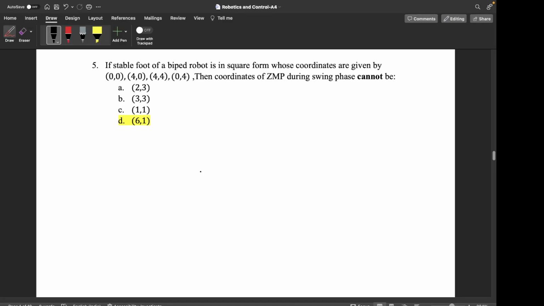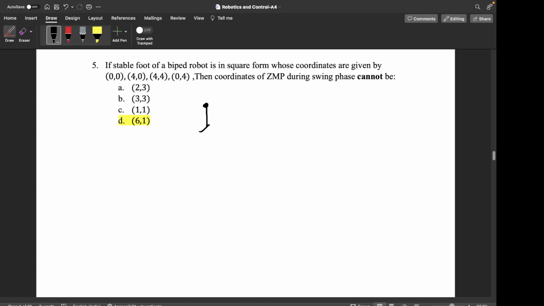So as I mentioned, ZMP is used to describe whether the robot is in a stable condition or not. So it's given that a biped has a square foot basically, right? And you can imagine, let me do some drawing.